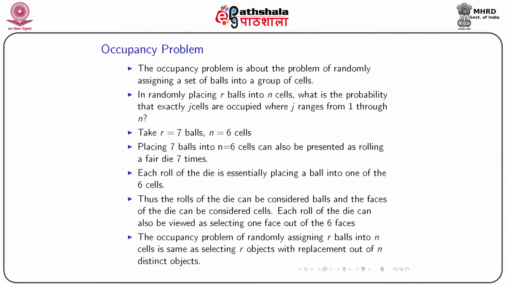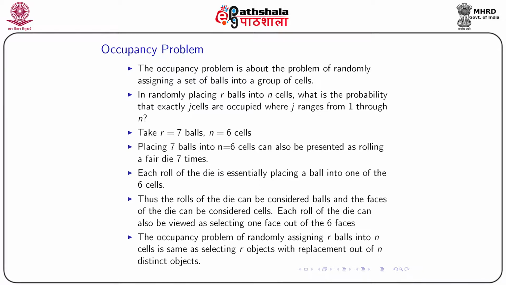That means, what is the probability that one cell will be occupied, what is the probability that exactly 2 cells will be occupied, and so on. We can answer this question after learning the counting techniques that will be discussed.